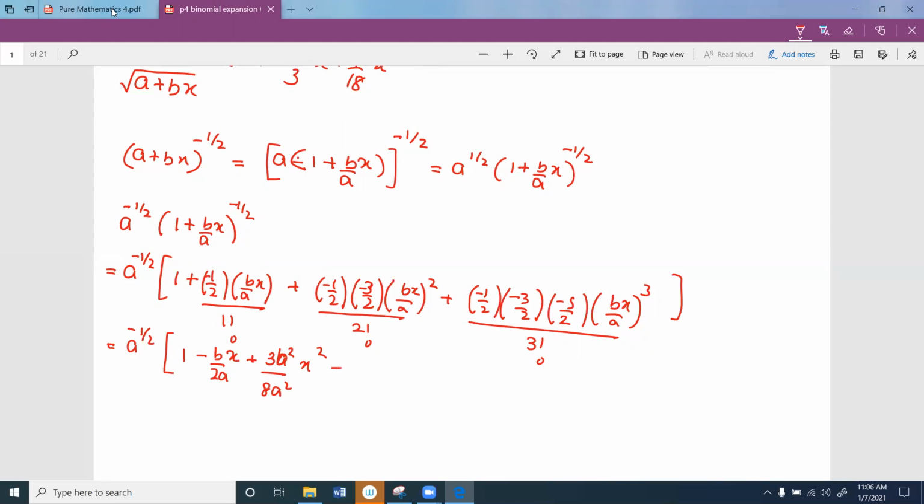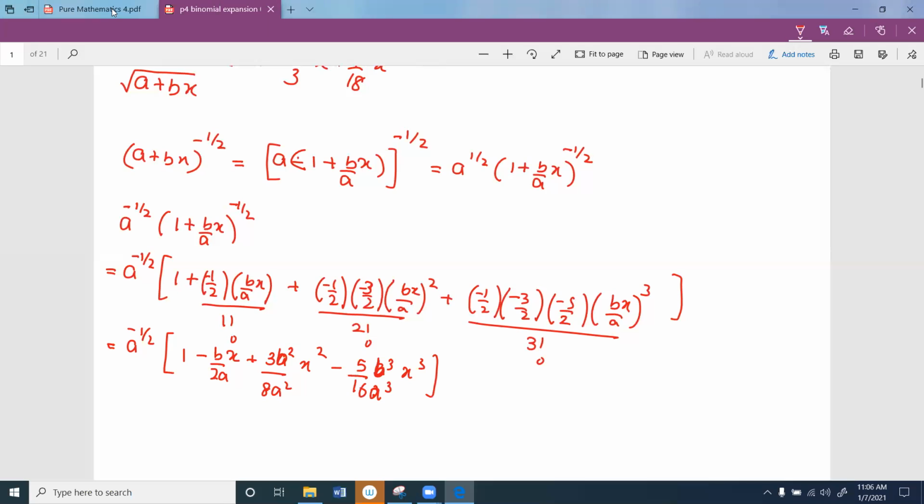Then the next simplification, minus half into minus 3 over 2 into minus 5 over 2 divided by factorial 3, turns out to be minus 5 over 16 b cube over a cube x cube, right? Okay.